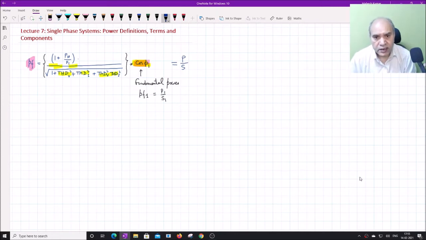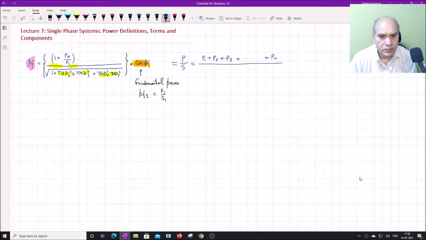So obviously, if we resolve in terms of the respective voltage and current components at different frequencies, then we can also write this as P1 plus P2 plus P3 and so on till Pn, divided by Vrms and Irms.